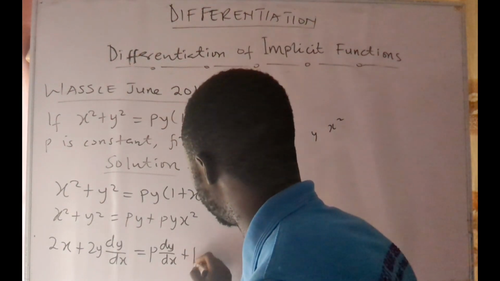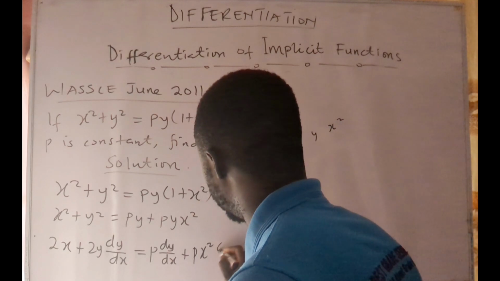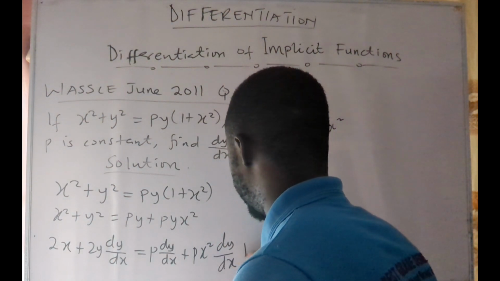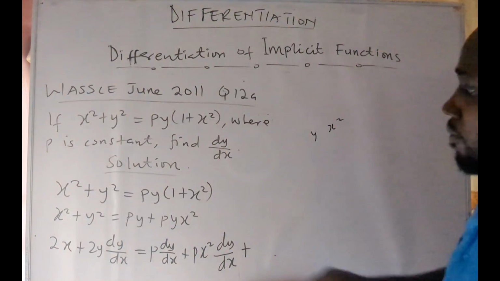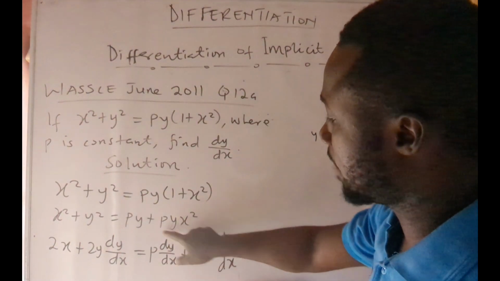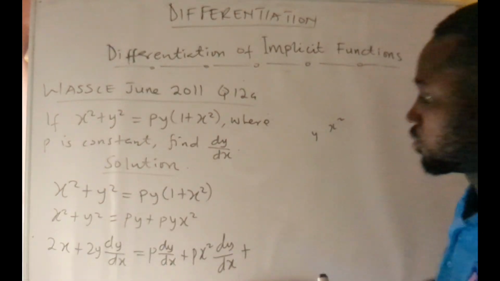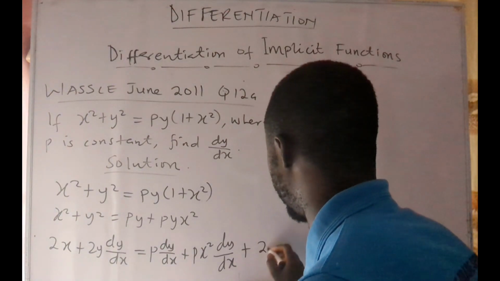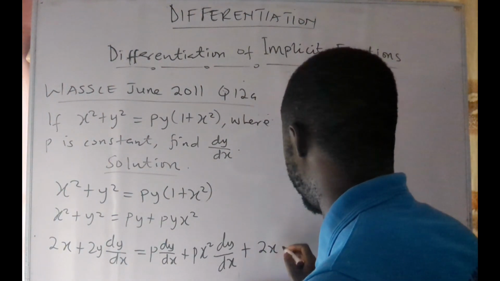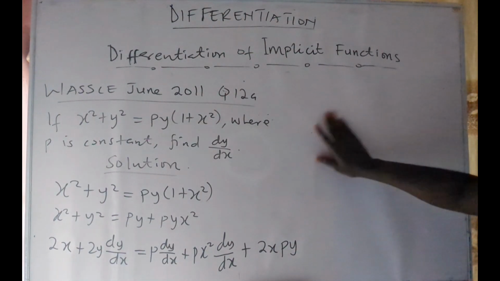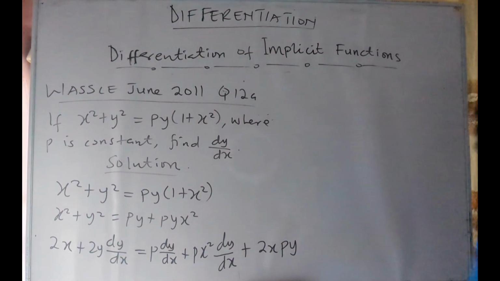So we will have p x squared dy on dx, plus. Then we differentiate x squared, which is 2x, then multiply by py. So here we have applied the product rule.